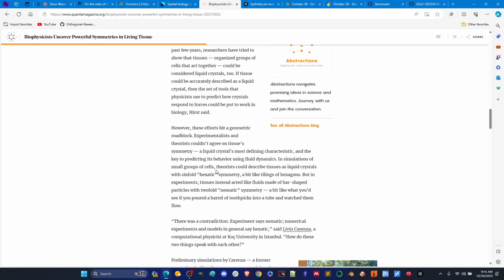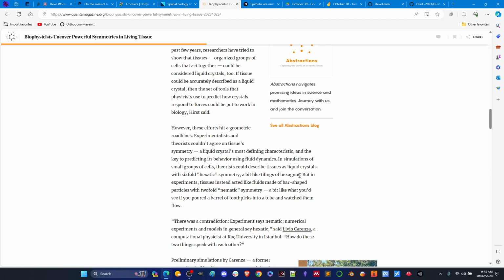In simulations of small groups of cells, theorists could describe tissues as liquid crystals with six-fold hexatic symmetry, which is the hexagon shape. And so there's the symmetry of being a hexagon and being in a tiling where, like Susan said, you have these threefold junctions, which form naturally when you have hexagons next to one another.